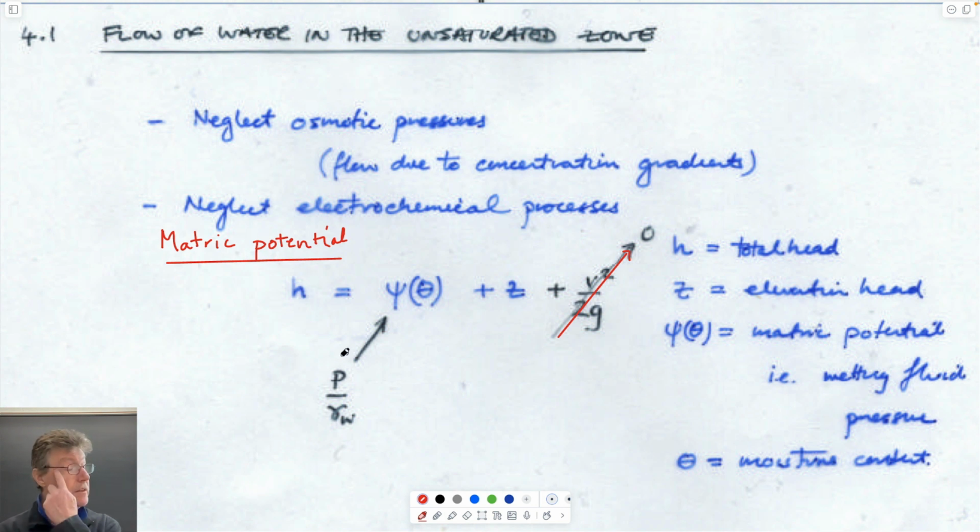But if you're an agronomist working in the vadose zone, which is really where this discipline began, people looking at the water that would sustain crops, for instance, then they define hydraulic head in terms of a matrix potential.